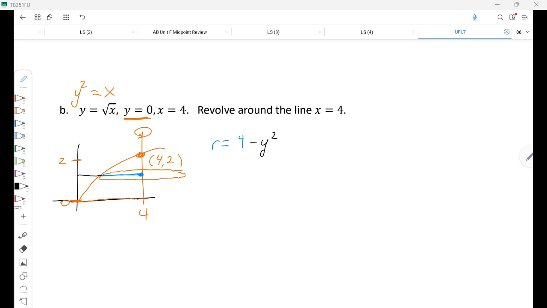To get the x position, we do y squared. We are trying to figure out the length of the blue line. The blue line is the entire 4. Any y level you're at, the whole thing is 4, right? But the radius of your disk takes away the function value.